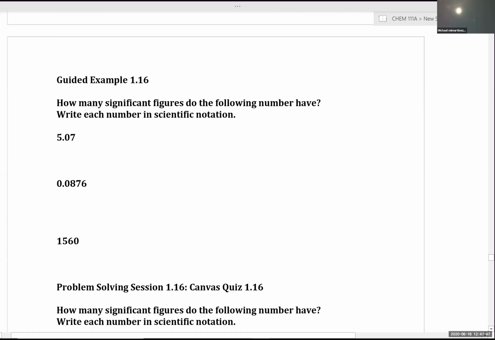Let's look at the following set of numbers. Indicate how many significant figures the following numbers have, and write each number in scientific notation. So 5.07, this 0 is significant as it's between non-zero numbers. In this next example, 0.0876, are these leading zeros significant?